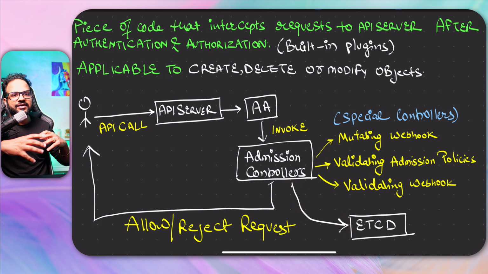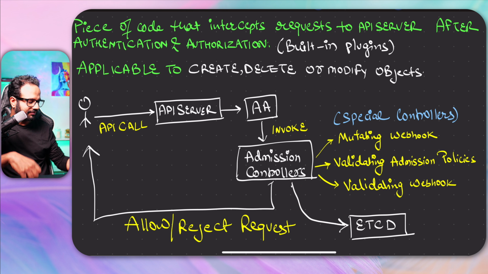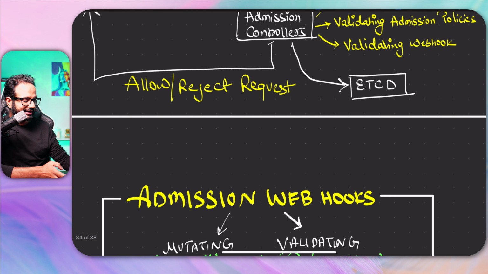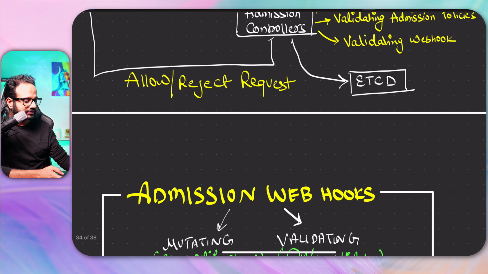So for example, you are creating a new pod, and once it is done mutating and validating and applying validating admission policies, after that the request is valid and it made certain changes with the help of mutating webhook. Then the pod will be created, and the details about the pod, its state, and all the configuration will be stored in etcd over here, right? So this is basically it.